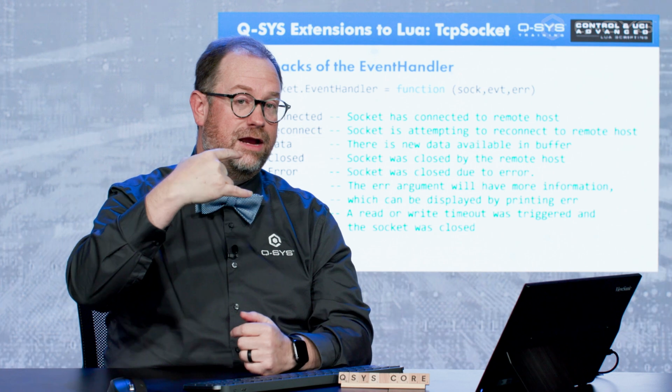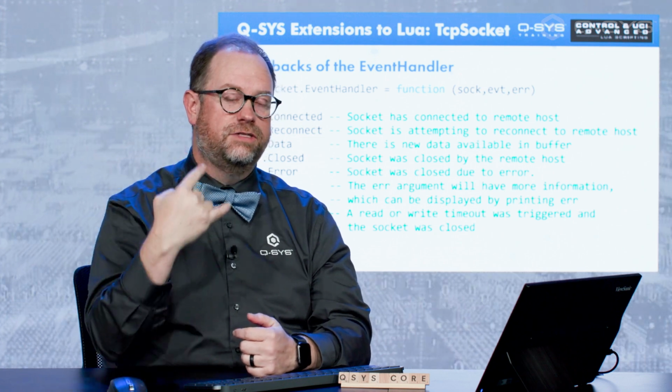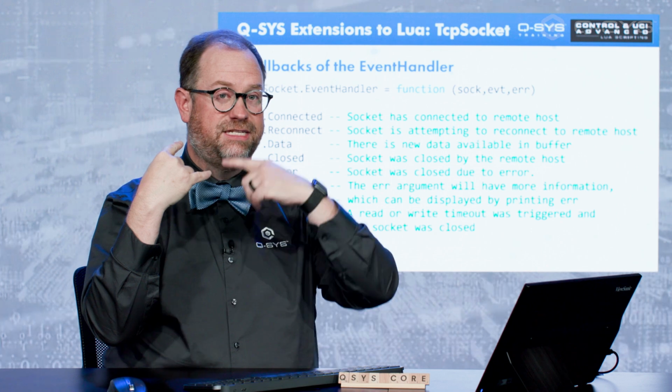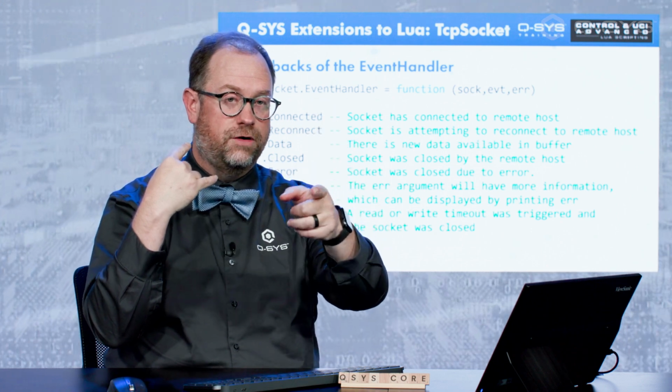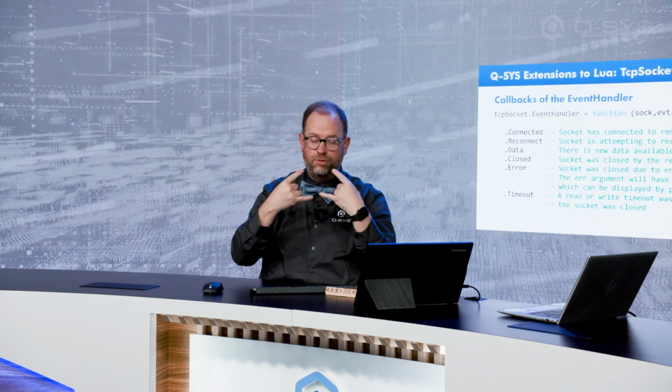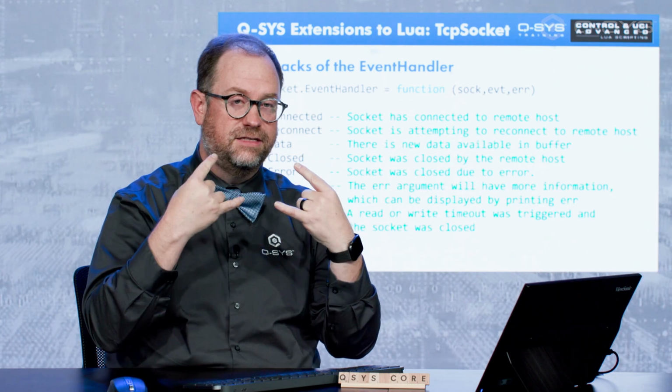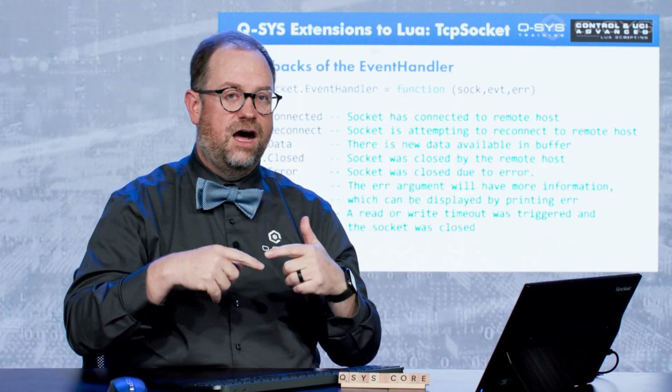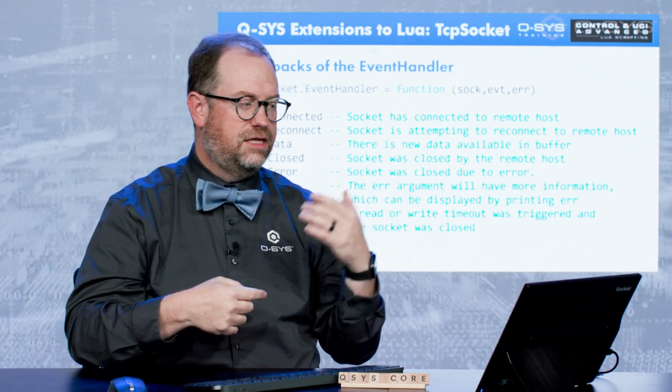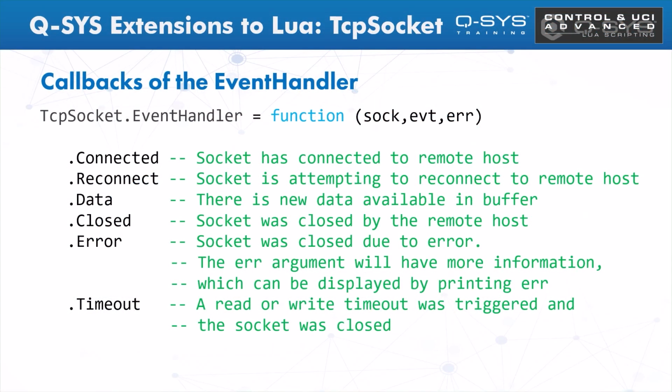So when the other end, right, and so sometimes it's useful to use the terms server and client. I would be the client. I'm picking up the phone and I'm dialing into the server. When the server also picks up, then the connection has been made. And so we get the dot connected event. In the event of a reconnection, then we would get reconnect.